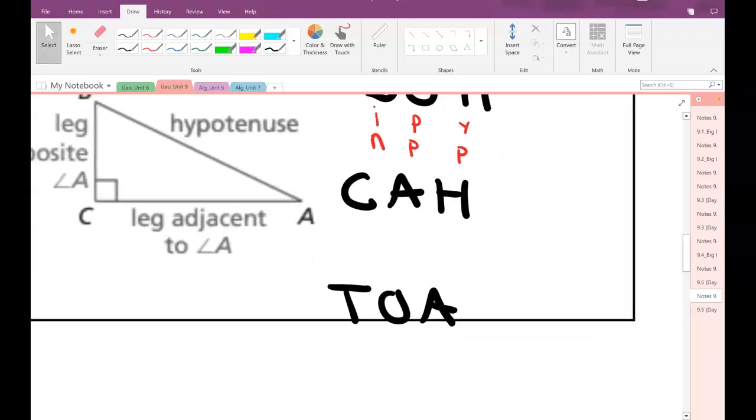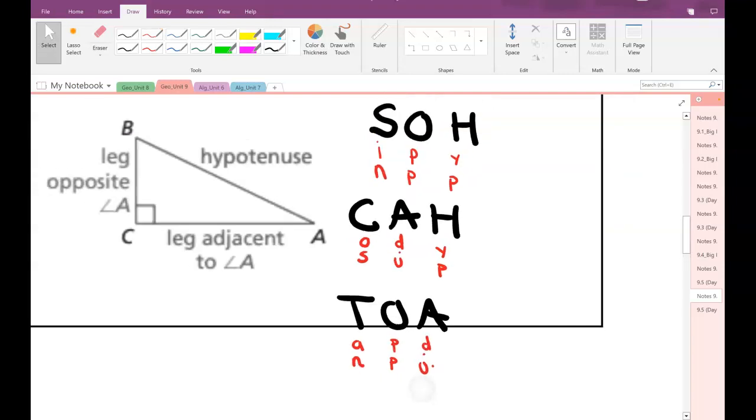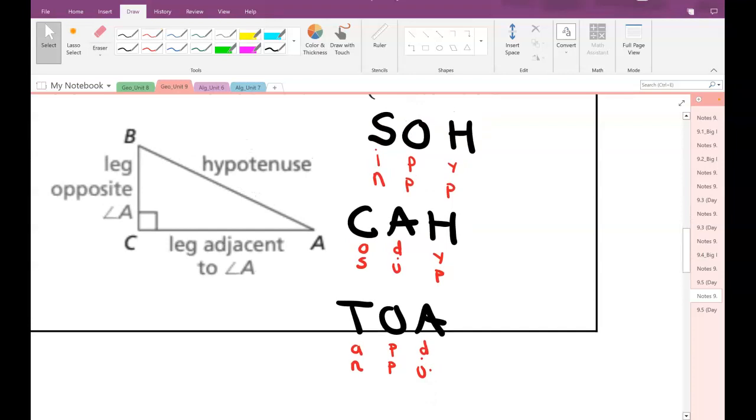The CAH part, that's cosine. And to find cosine, you take your adjacent side divided by your hypotenuse. And your tangent ratio, or TAN, you find by taking your opposite side divided by your adjacent side. So SOHCAHTOA. I know there's another one, but I can't remember what it is right now.